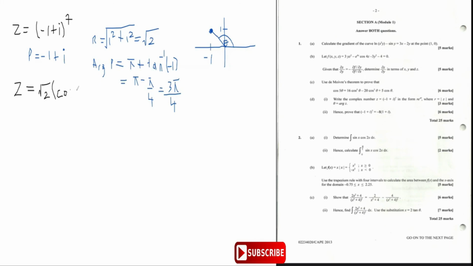So Z is root 2 times cos 3 pi by 4 plus i sine 3 pi by 4.